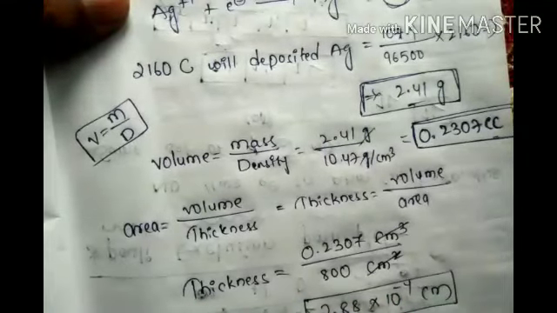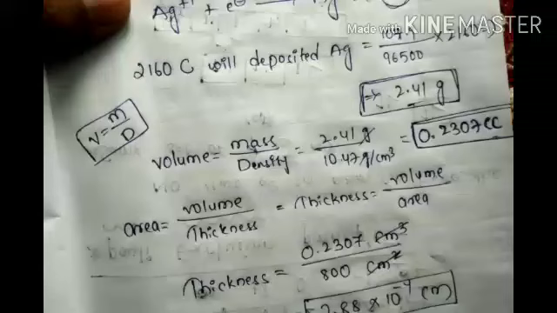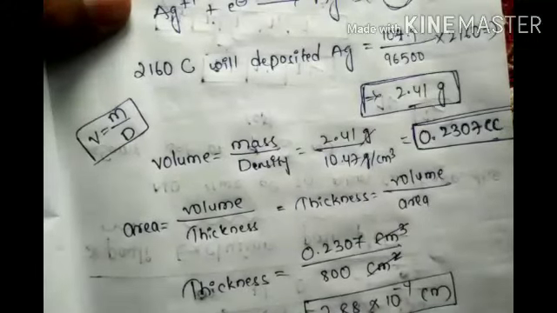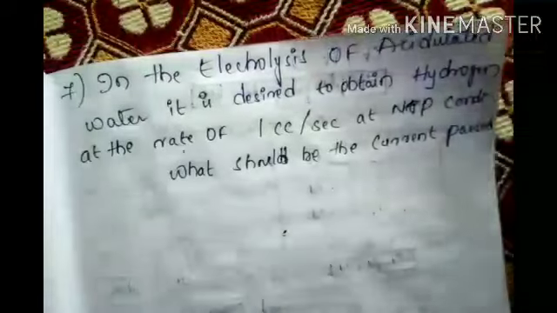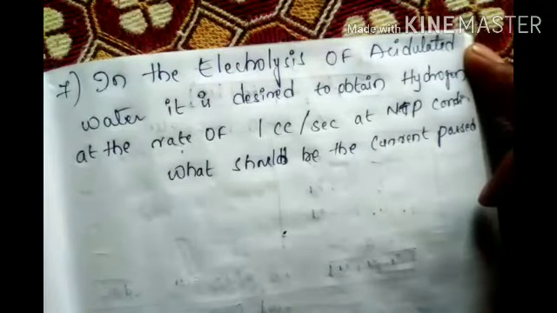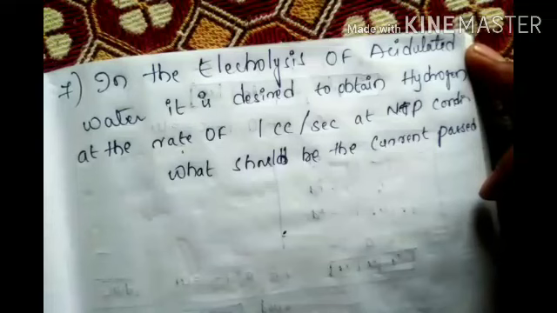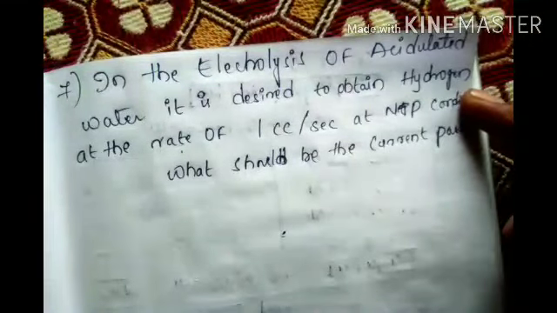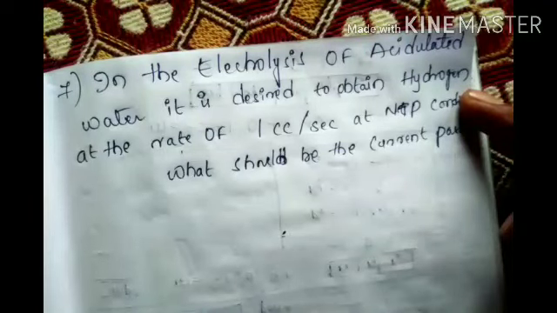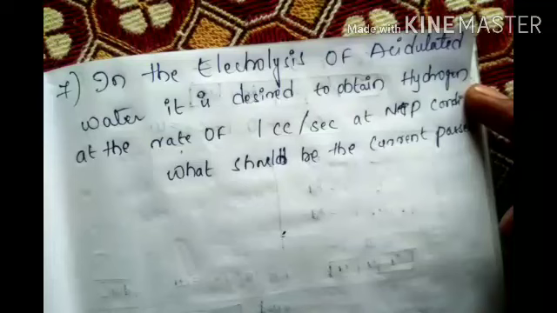Okay. Now next, one more problem. The next question: in the electrolysis of acidulated water, it is desired to obtain hydrogen at the rate of 1 cubic centimeter per second.